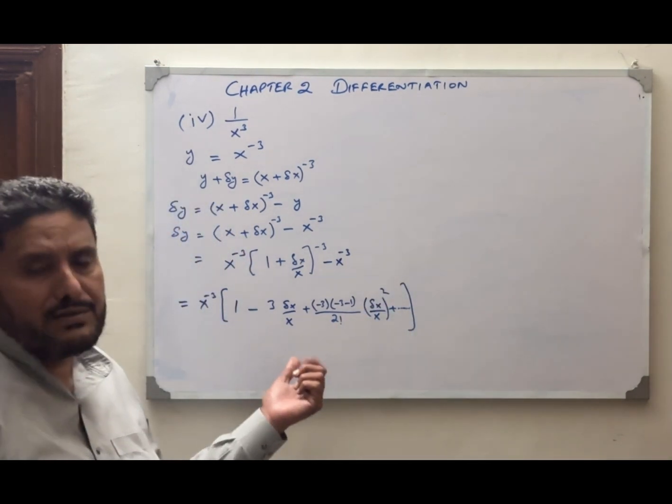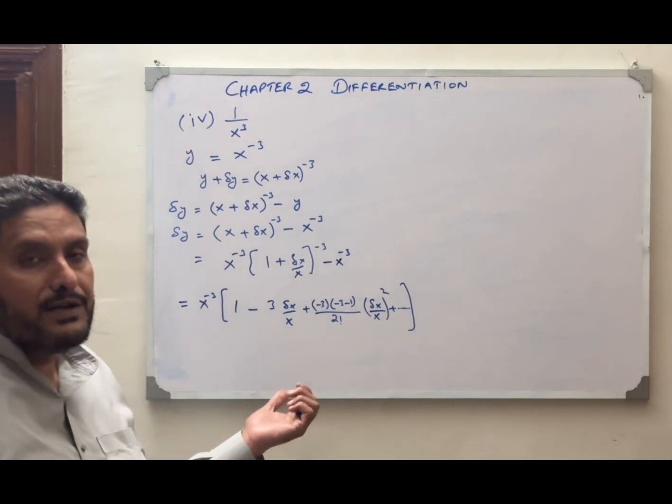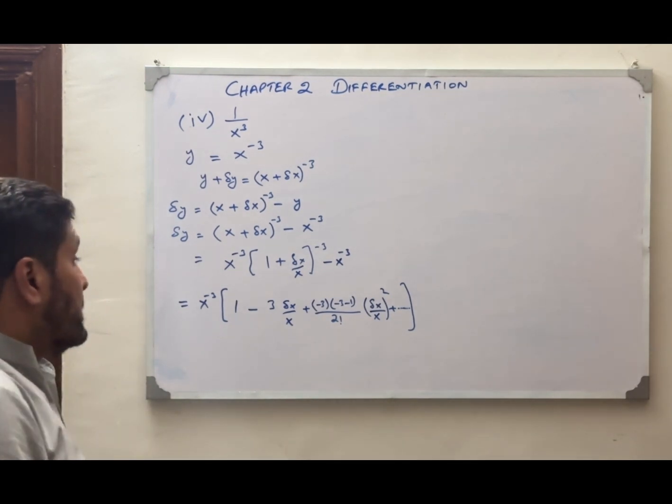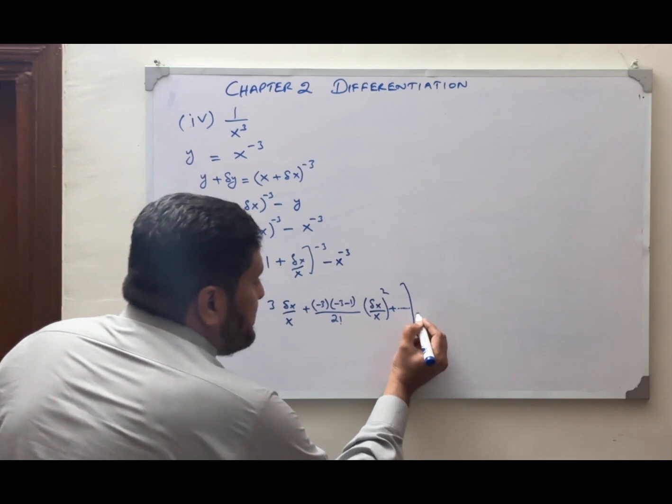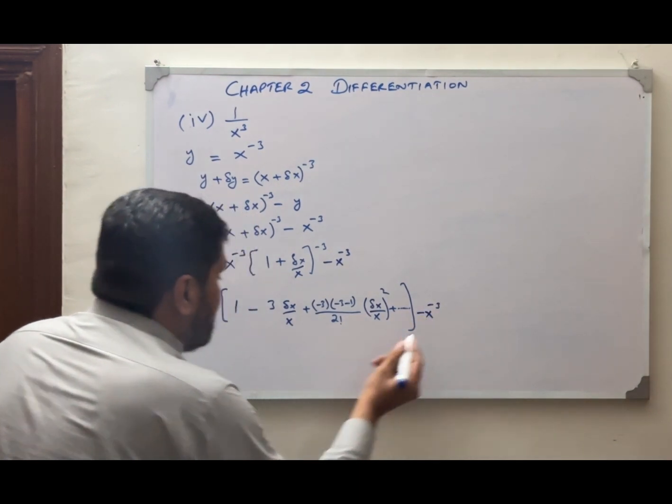We only take the first terms of the binomial expansion. And then minus x power minus 3.